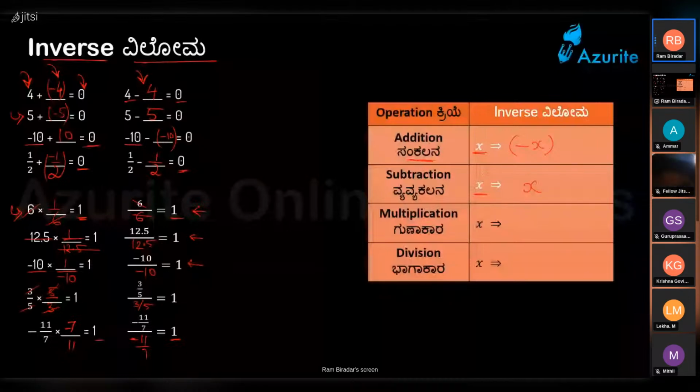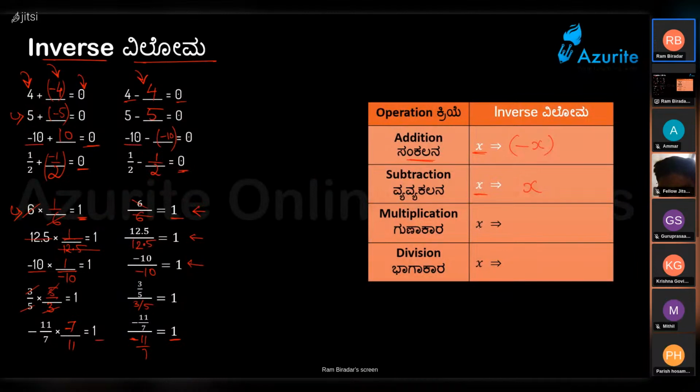In multiplication, what should we do? Yes, we have to write it in the denominator. So 1 in the numerator, x in the denominator. So 1 by x. Now what is the division? We have to divide by the same number, right? So it will be the inverse of it. So it will give 1 as the answer. Understood?